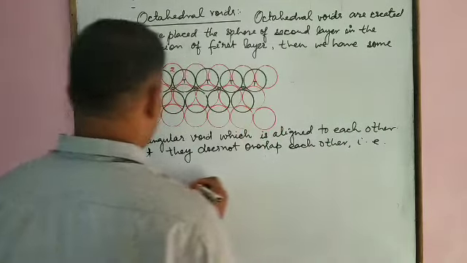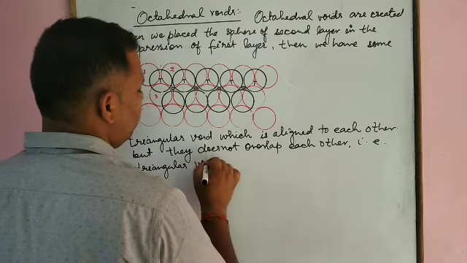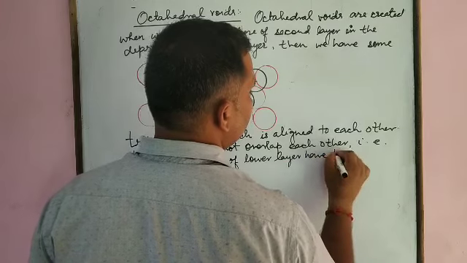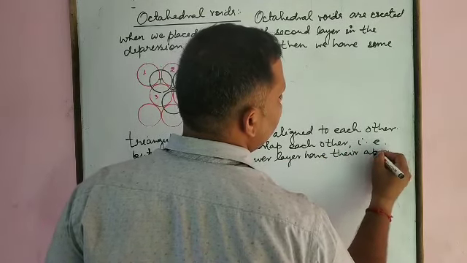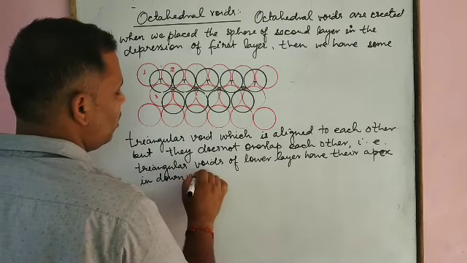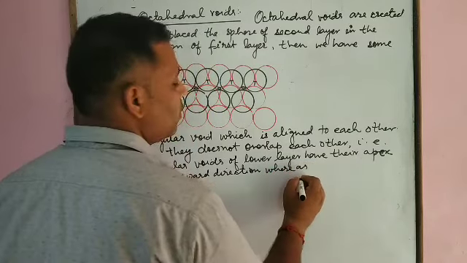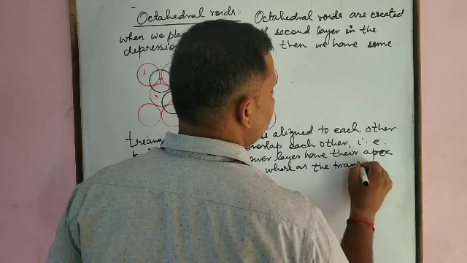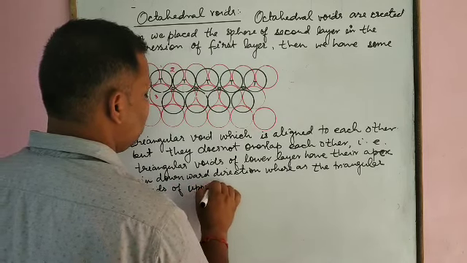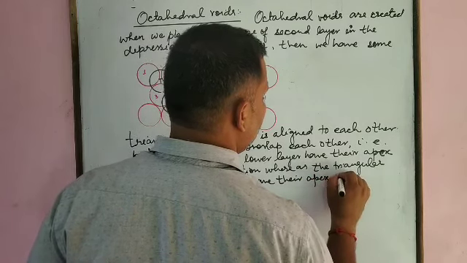That is, the triangular voids of the lower layer have their apex in the downward direction, whereas the triangular voids of the upper layer have their apex in the upward direction.